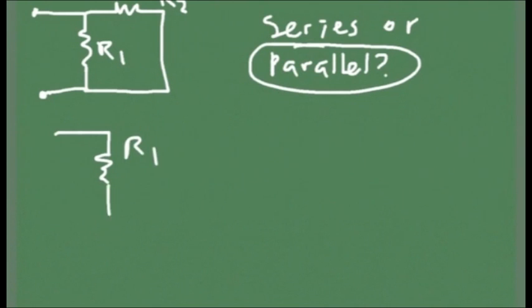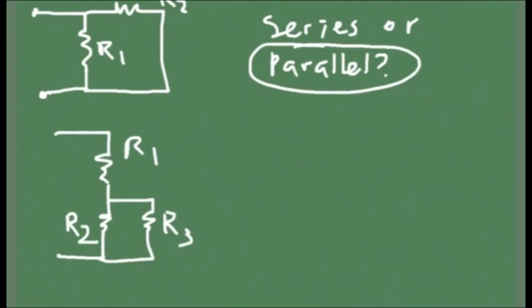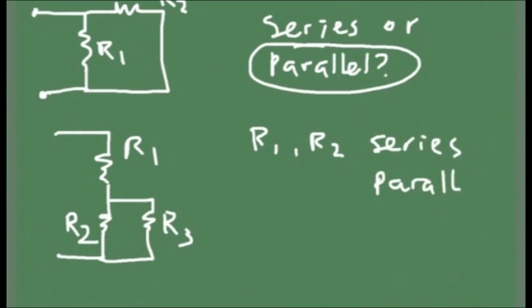Another one. R1, R2, R3. And the question is R1 and R2 series or parallel? Okay, so if it was series, what is the property that tells us that R1 and R2 are in series?